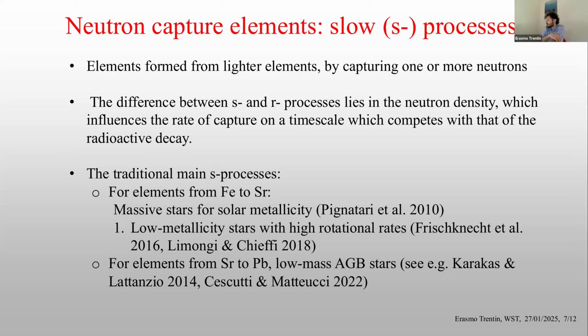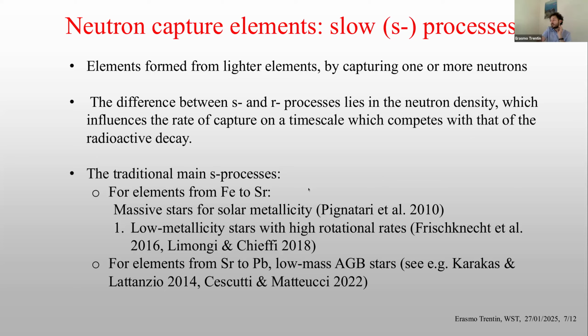The problem arises when you have to compare the events that allow to have either a slow or a rapid process. In particular, for the slow process, this is quite well documented. The processes are well known.